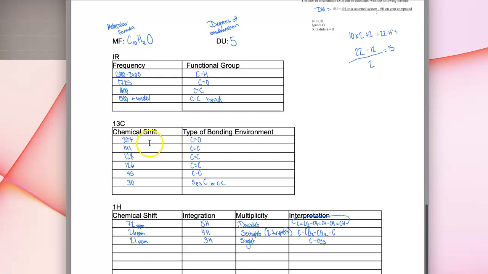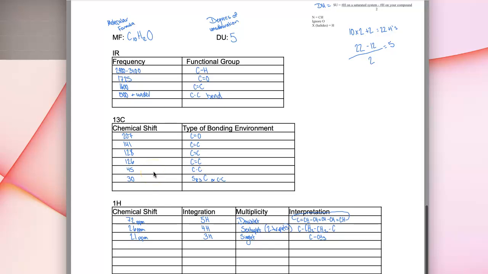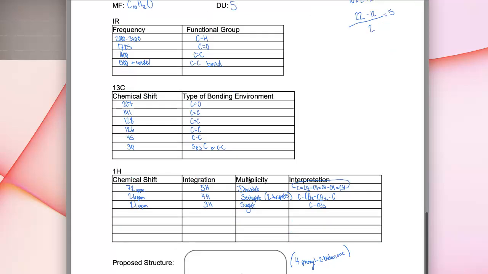We have our 207 or C double bond O, which makes sense because it is the most electronegative because it has the O, which makes it more downfield. And then the carbon that is next to that C double bond O is going to be shifted, which is why it shows up higher in our chemical shift than where the rest of them are, because the rest are about the same.